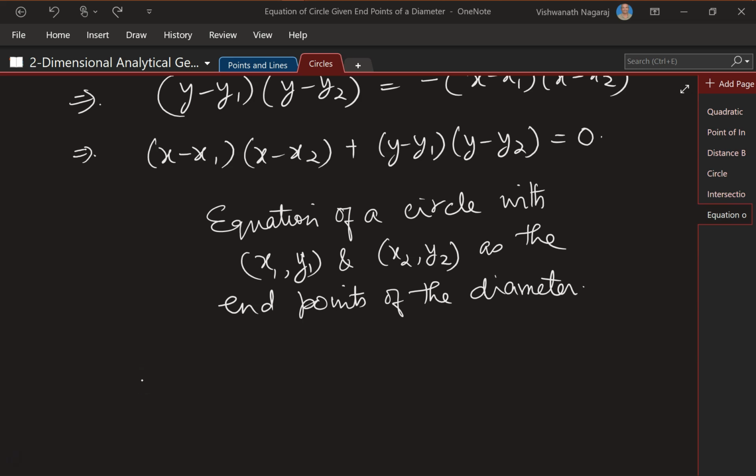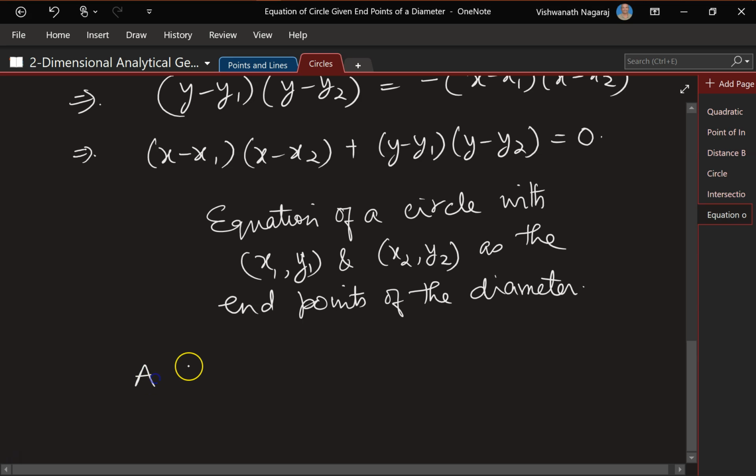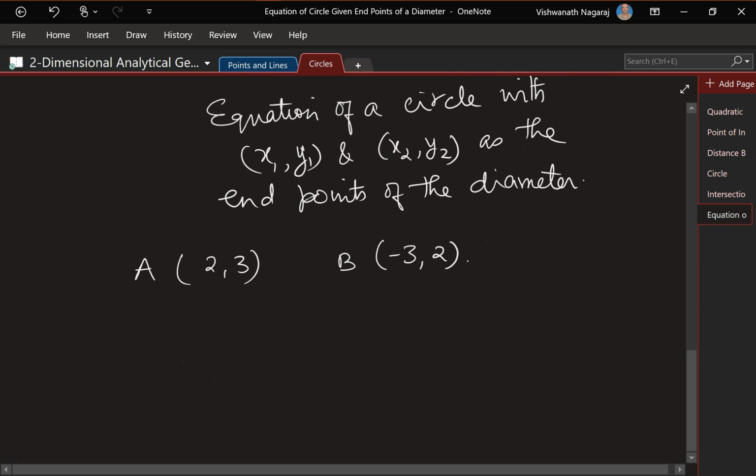Let's take an example. Let's say A is at (2, 3) and B is at (-3, 2), and we have to find the equation of the circle. Now we know the equation: (x minus x1)(x minus x2) plus (y minus y1)(y minus y2) equal to 0.